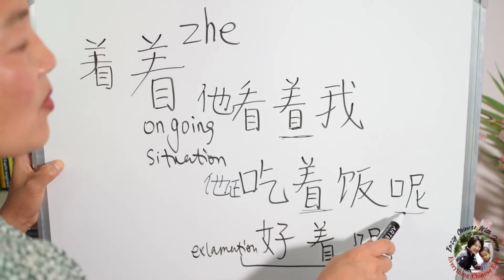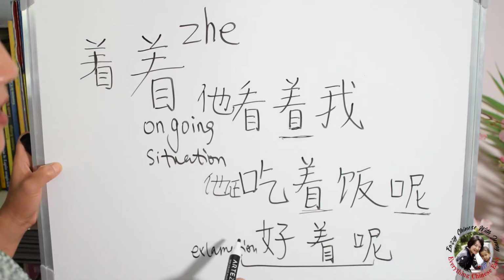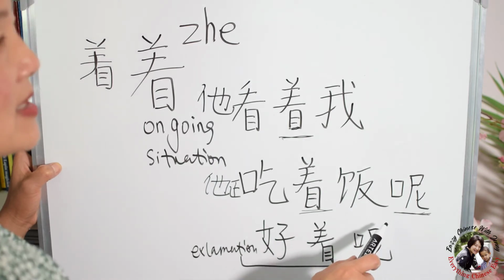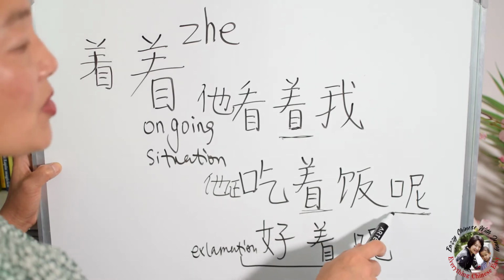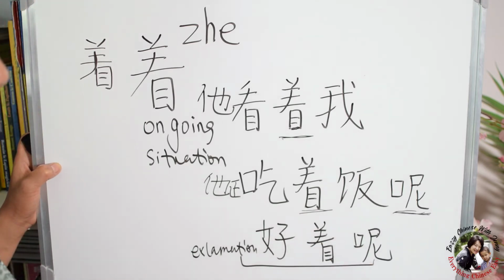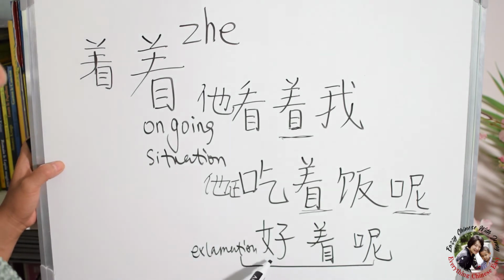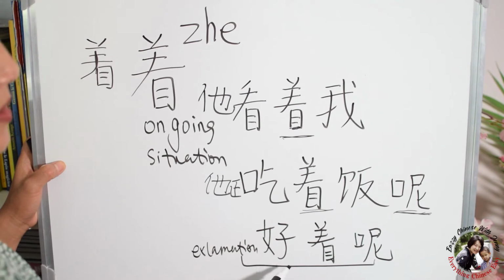The last word, the character na, this is kind of an exclamation word, always put at the end of the sentence. Sometimes when it's a question, you also put it at the end of the sentence. If someone asks you, how are you today? You say 好着呢. It means very good.